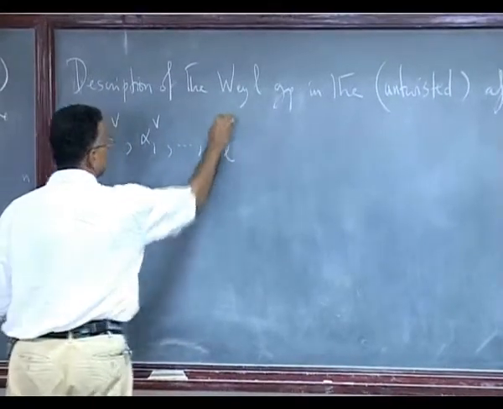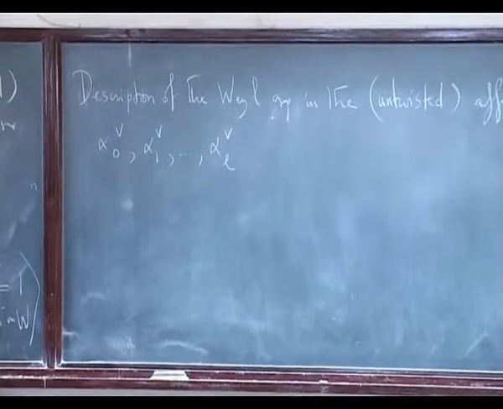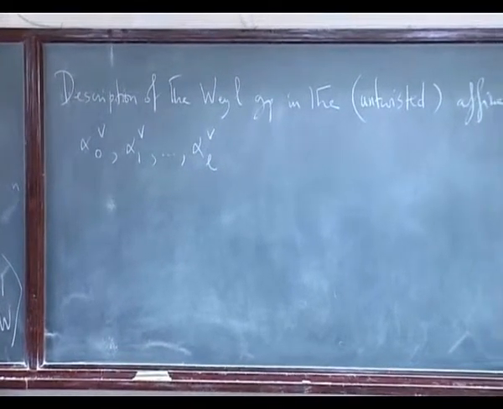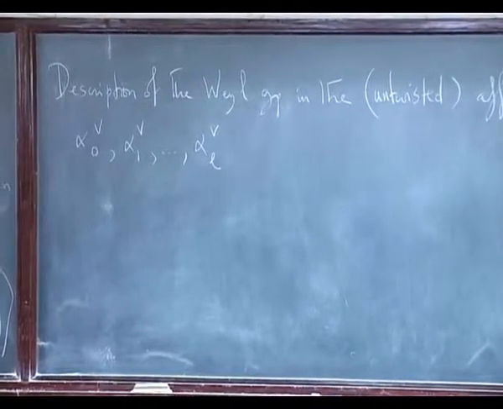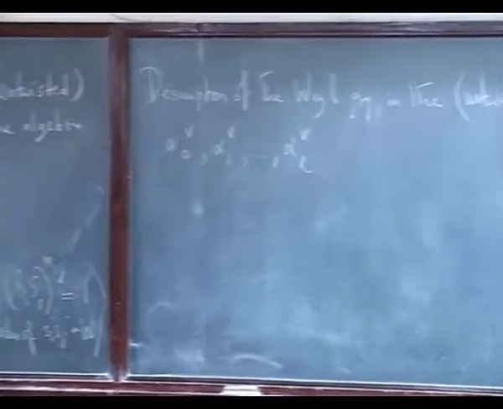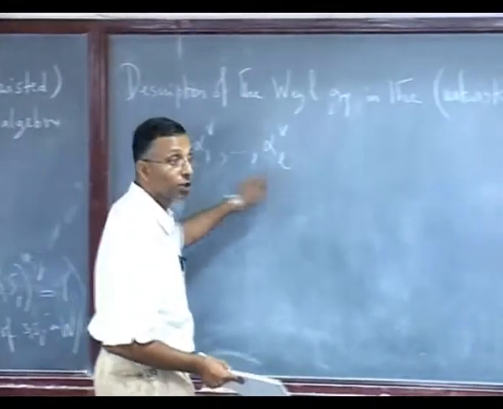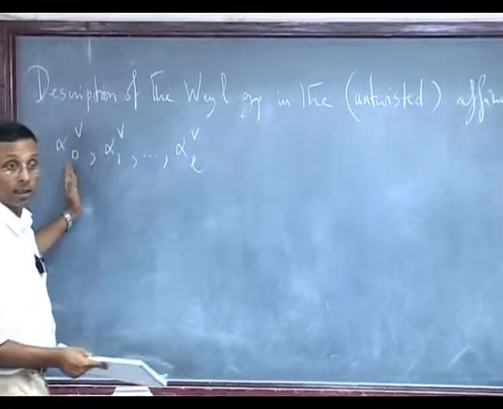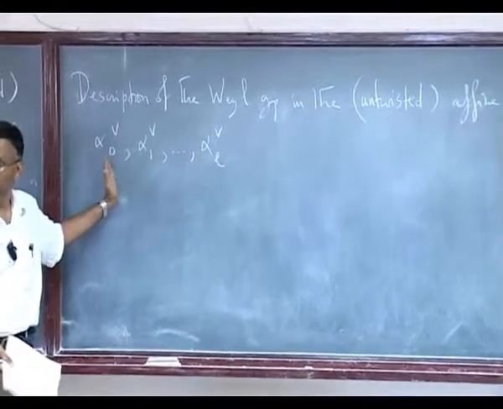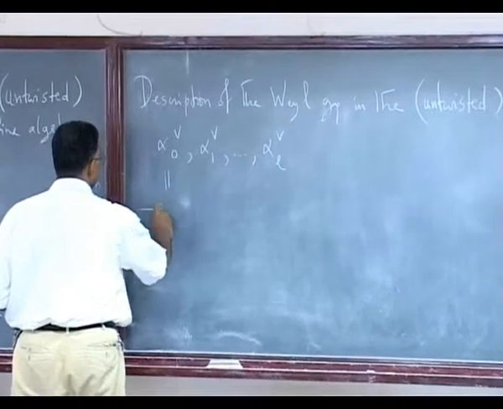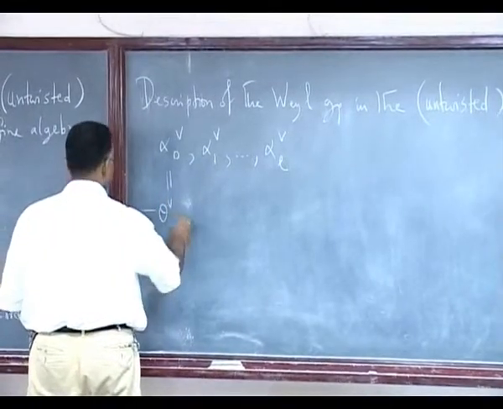Now I'll use L, because n is the size of the matrix A. This was the extended Cartan matrix of a finite dimensional Cartan matrix, which I assume to be L cross L. Okay. So now n is equal to L plus 1, and this is the extra co-root that I've added. And if you remember, this was minus theta check plus k.